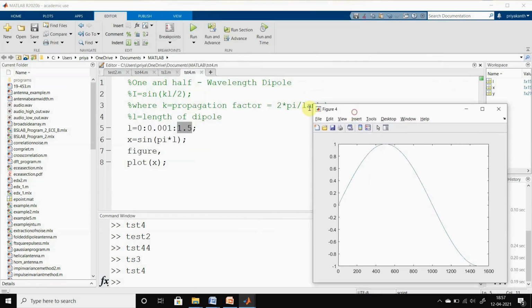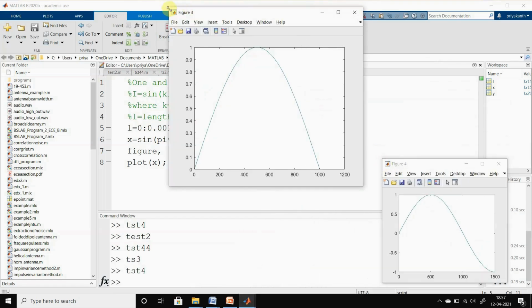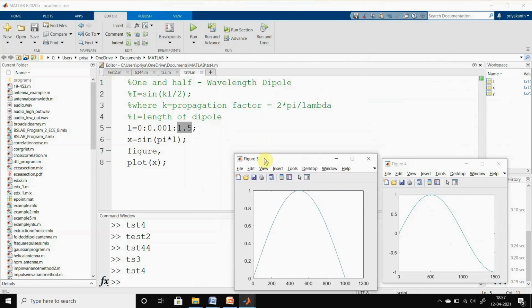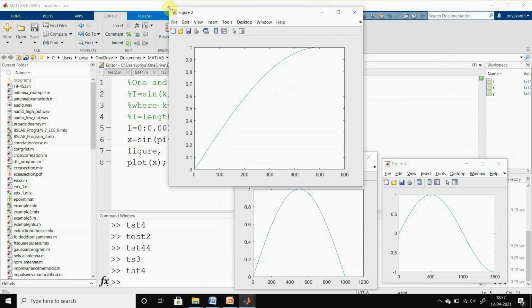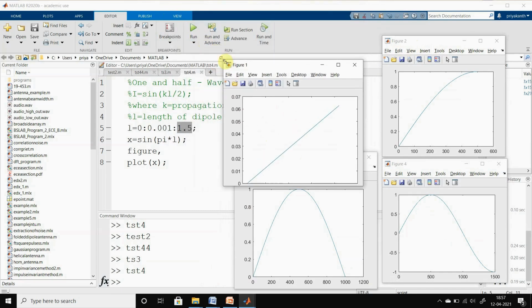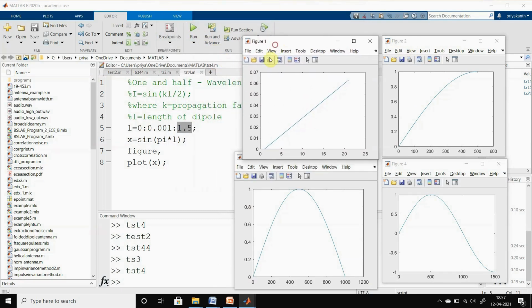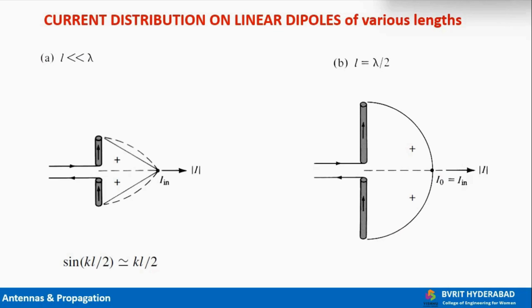And you can compare the four different lengths what we have seen for a short dipole, for a half wavelength, for one complete wavelength, and 1.5 wavelength that you can see here as a collage. You can see the difference in the current distributions over the length of the arm of a transmission line. Now you can correlate the MATLAB simulation with the figures shown here for various lengths of dipole.